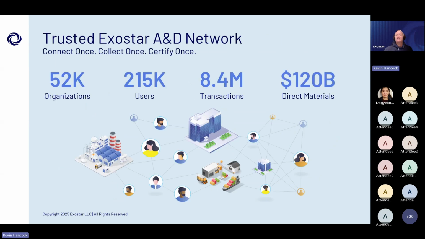Now, the reason that Exostar has expertise in this area is that we have a network of over 215,000 people today across 52,000 organizations in the aerospace and defense industries that collaborate today utilizing Exostar solutions.